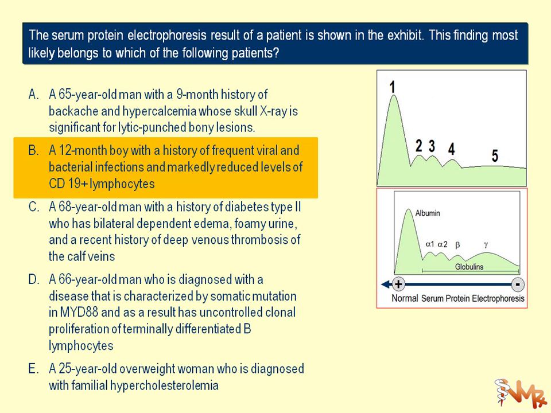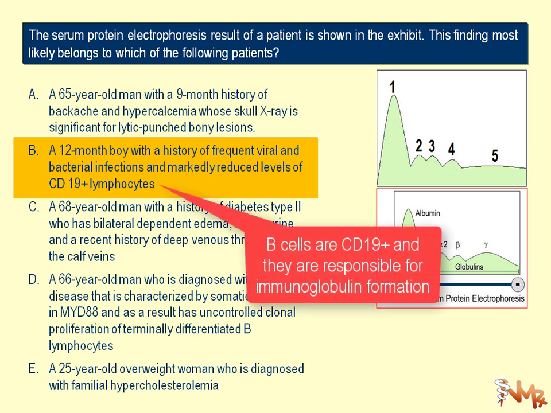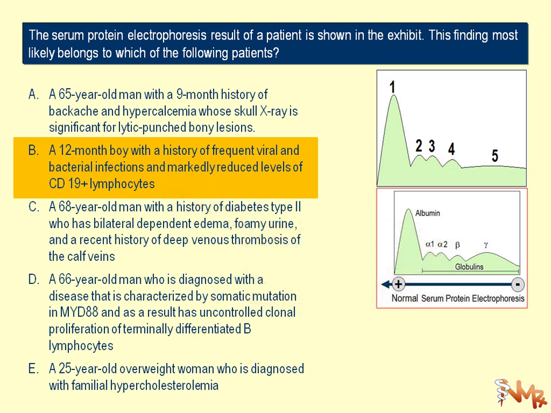Those are the B cells, of course; CD19 marks B cells, which make plasma cells, which make immunoglobulins. Therefore, this child is unable to make immunoglobulins, and therefore he gets tons of viral and bacterial infections.